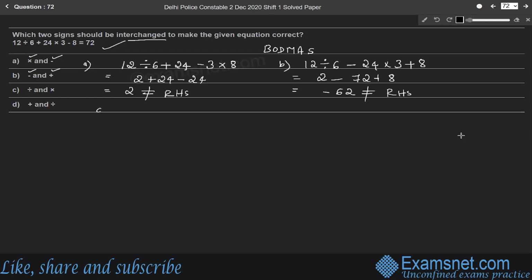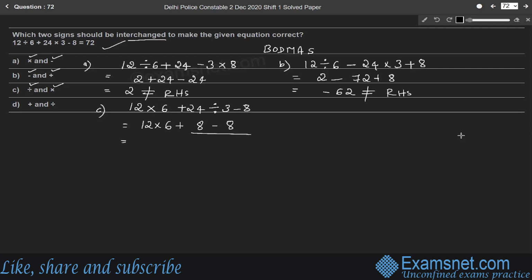Option C. When division and multiplication signs are interchanged, so 12 divided by 6 becomes 12 into 6 plus 24 into 3 becomes divided by 3 minus 8 is equal to 12 into 6 plus 24 by 3 is 8 minus 8.